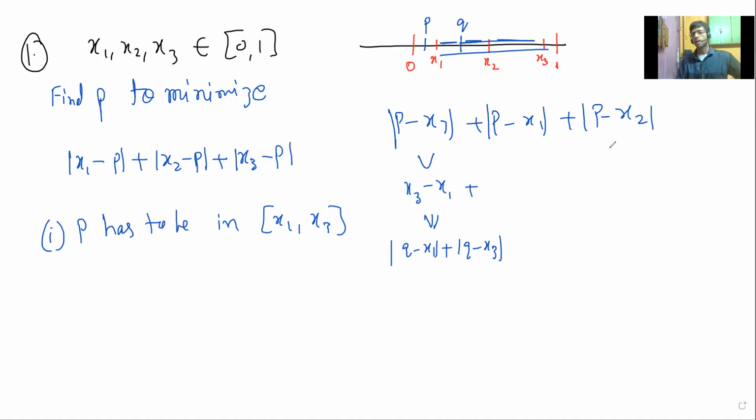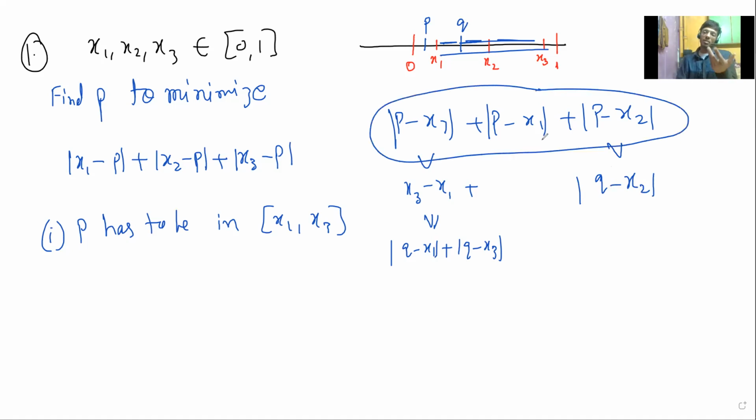So this thing will be again bigger than Q minus x2. So this doesn't minimize, because if you take any point inside which is to the left of x2, then the distance from x1 and x3 combined is equal to x3 minus x1, which is dominated by the P minus x3 distance.